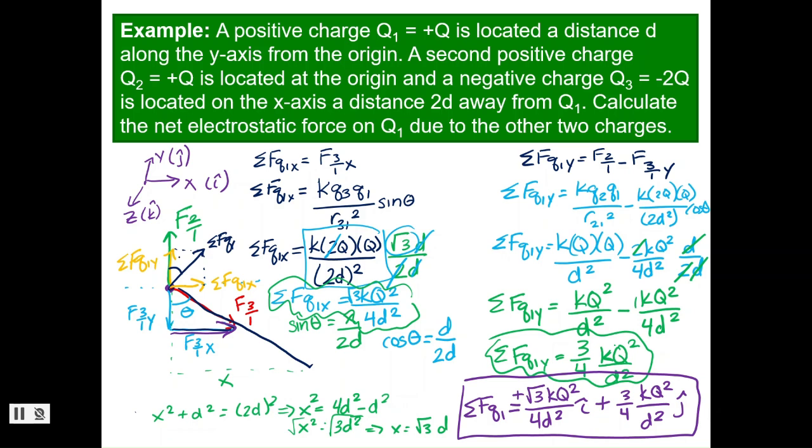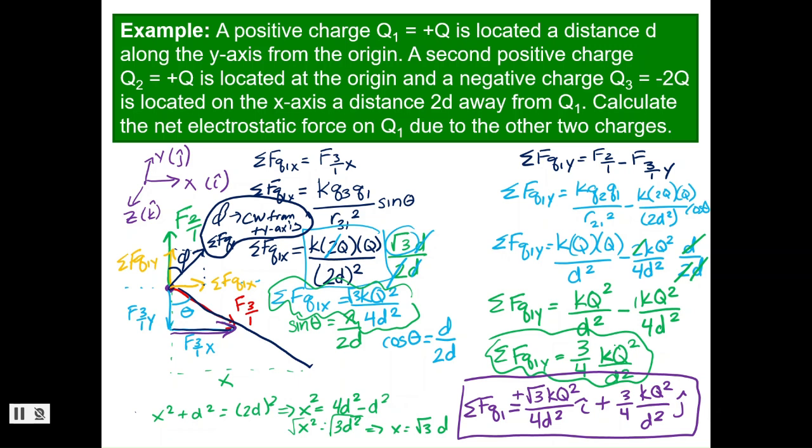And then I would need some sort of angle, like phi. I've already used theta, so I'm going to use phi for that. And then phi might be some angle, what would that be? That would be clockwise from the positive y-axis. So I would have to find the magnitude of that vector using the Pythagorean theorem.